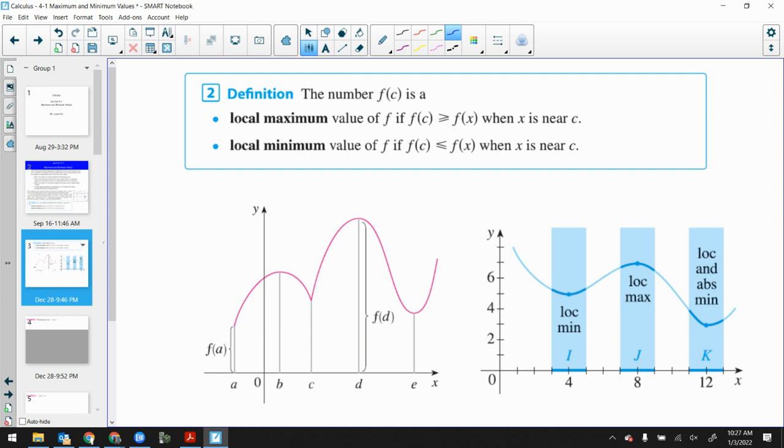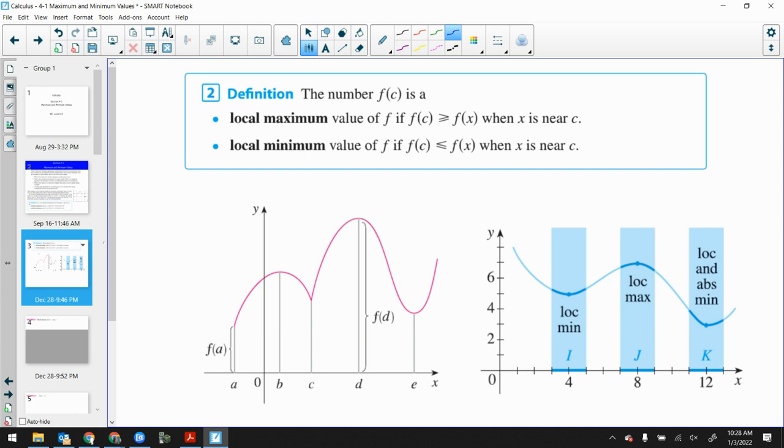It used to say that f of c is bigger than f of x for all values of x within the domain. Then we're going to change that here to say only near that value. So the definition of a local maximum is saying the local maximum value of f is f of c, some point c within that function, where it's bigger than any other f of x, but only when x is near that value c.